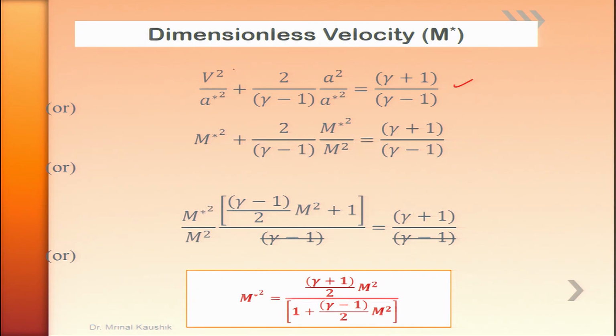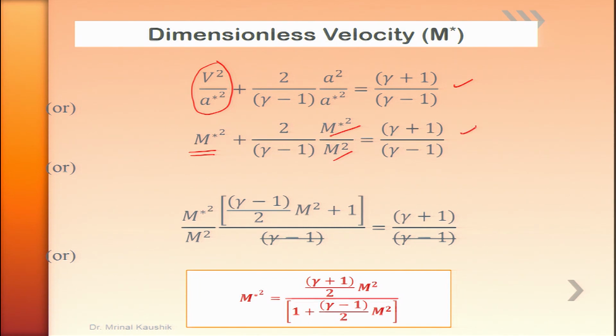Since we have defined the first term as M star square, replacing this and rewriting the equation again, M star square plus 2 upon gamma minus 1, and the second term is multiplied and divided by V square to bring in M star square and M square, with the right-hand side as it is.